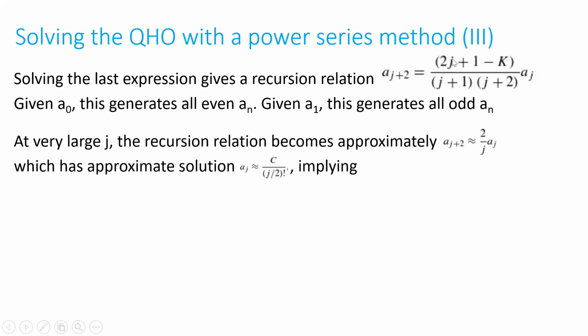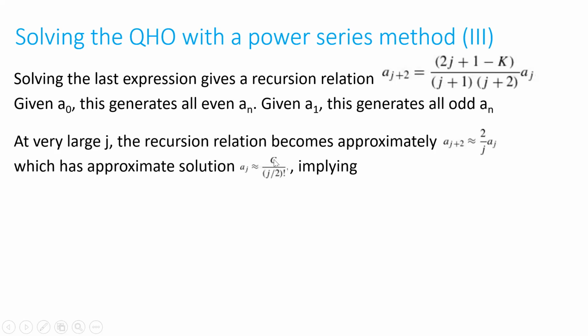So the numerator will just be 2j. The denominator will be, if j is very large, we can ignore the plus 1 and the plus 2. So the denominator would just be j squared. So we'd have 2j over j squared, or 2 over j. So a_{j+2} would be 2 over j times a_j. And it turns out that has an approximate solution.